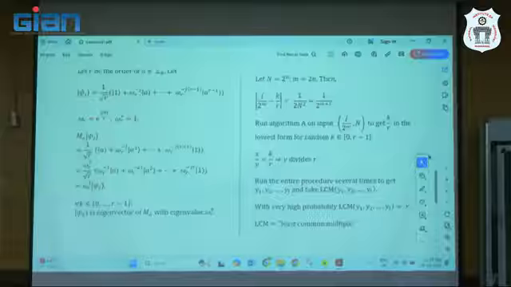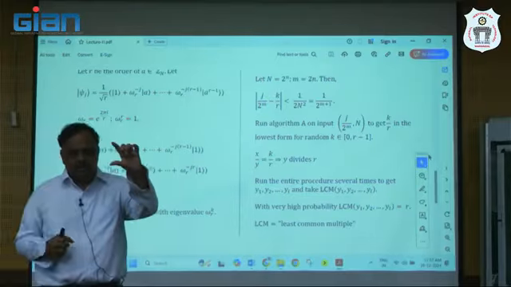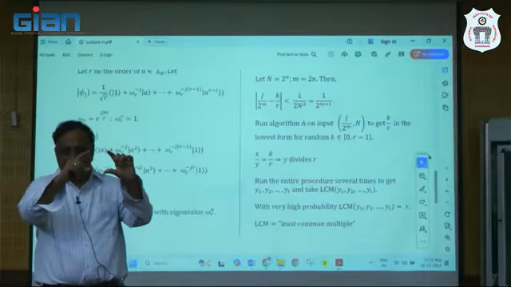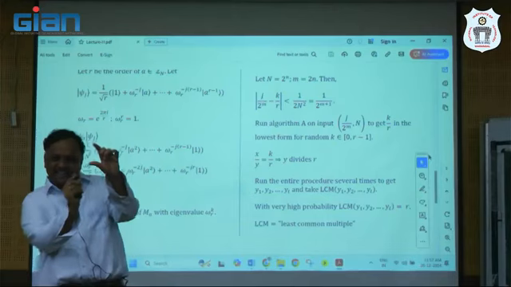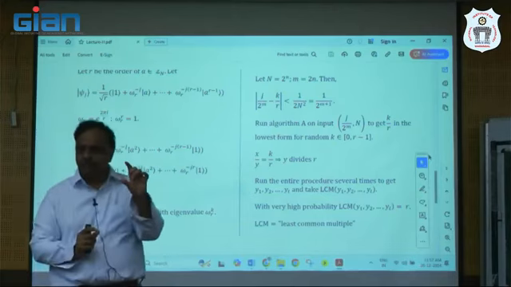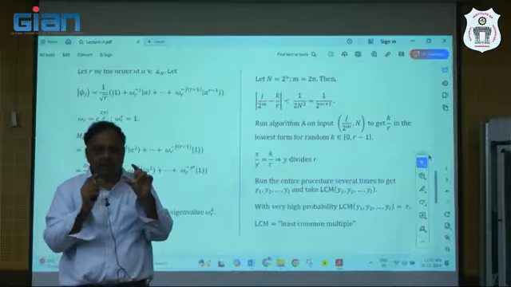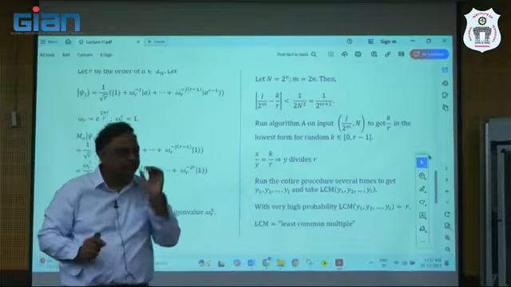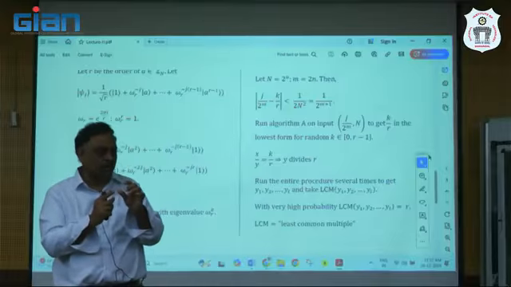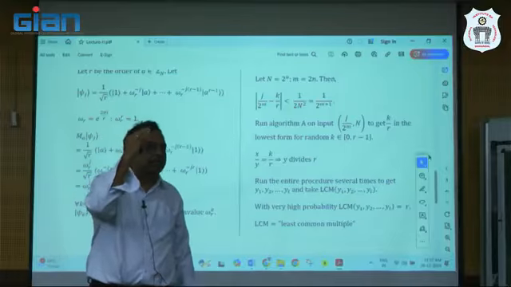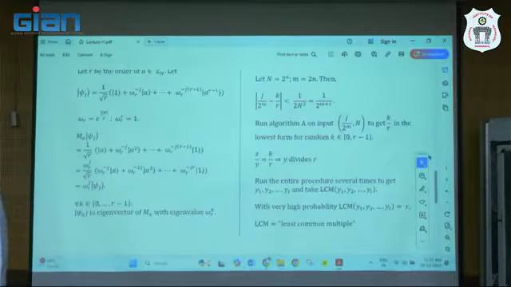Clear? Yes or no? Remember, j over 2 to the m is there, k over r is there, they are very close to each other. We ran the continued fraction algorithm to get this much accuracy. Our fact is telling us that there has to be a unique x over y which is this close to it, correct? But if it is a unique rational number, it must be equal to k over r in the simplest form, correct?